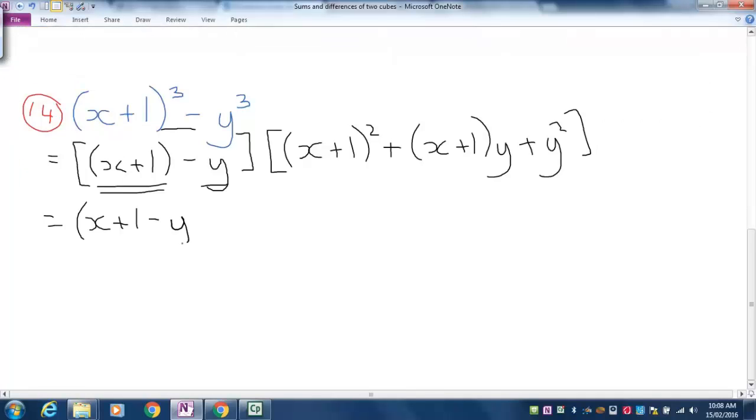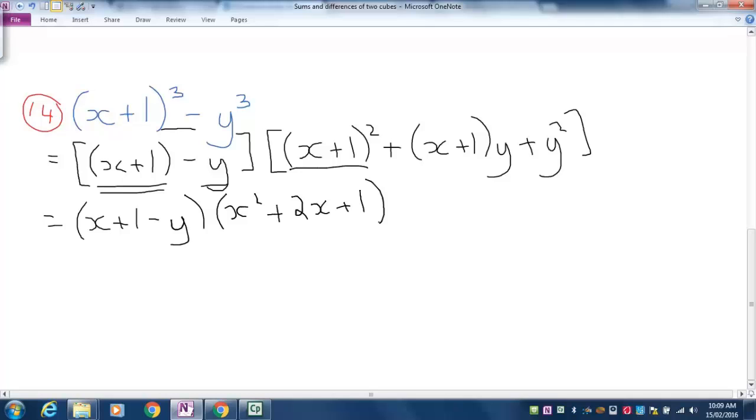I get x plus 1 minus y, and then in my second set of brackets, if I use my special product to expand x plus 1 all squared, I get x squared plus 2x plus 1. Of course you can do that by FOIL, but you might find that takes a little longer.